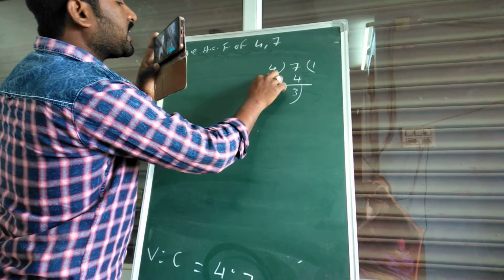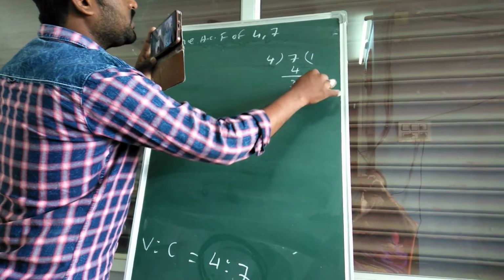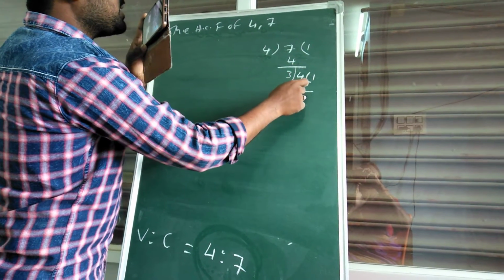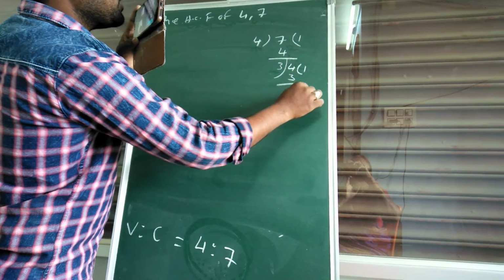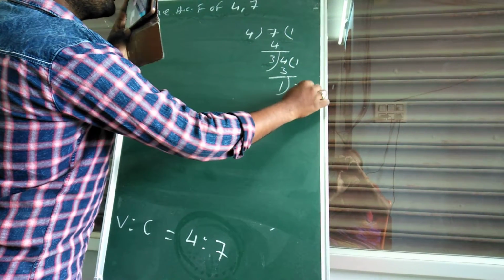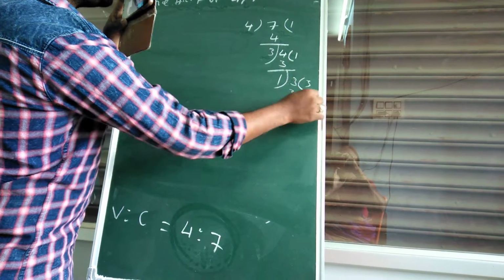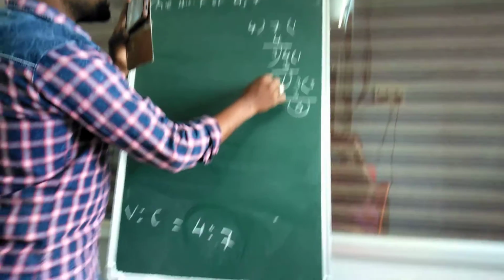Then this 4 acts as a dividend. 3 ones are 3. 4 minus 3 means 1. This 3 acts as a dividend. 1 3s are 3. Okay, what is the last divisor?